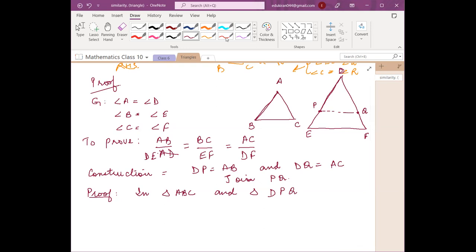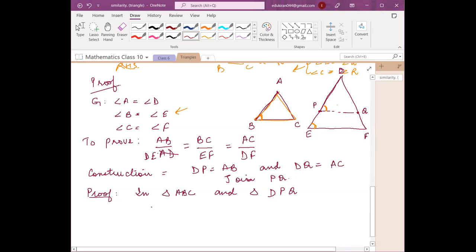What I'm trying to do is, it is given that angle B is equal to angle E. But I want to show that angle B is also equal to angle P, because I want to make this triangle similar to this small triangle. So if I prove that these two triangles are congruent, then by CPCT it will be equal. So let us try to prove them congruent.